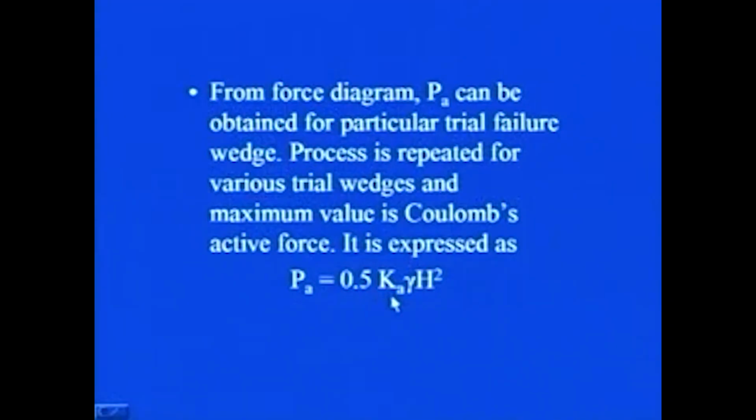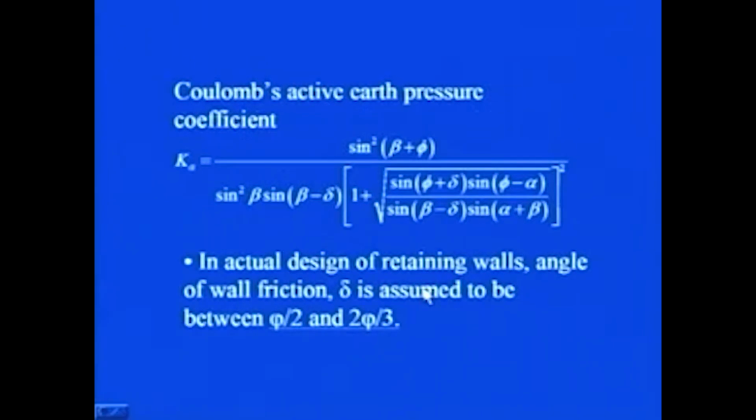as your Coulomb's active force, and it is expressed as PA is equal to 0.5 Ka gamma h square, where Ka we have already discussed, as it was in the case of Rankine's earth pressure, it is known as active earth pressure coefficient. Gamma is unit weight of the backfill of the soil, h is the vertical height of the wall.